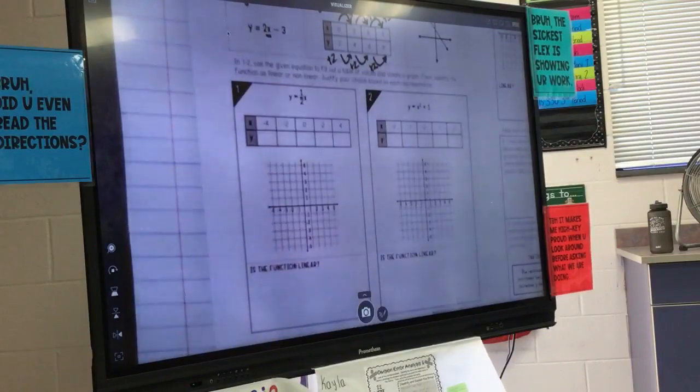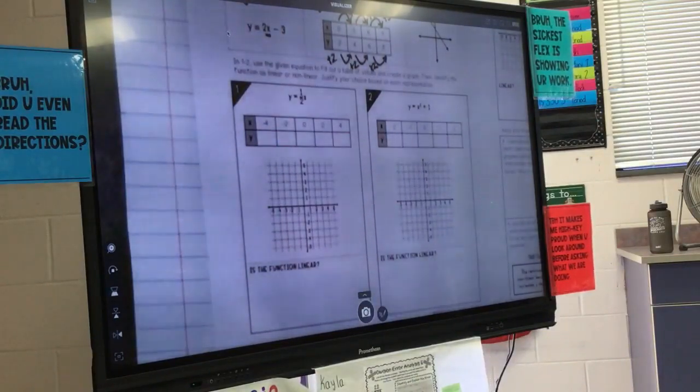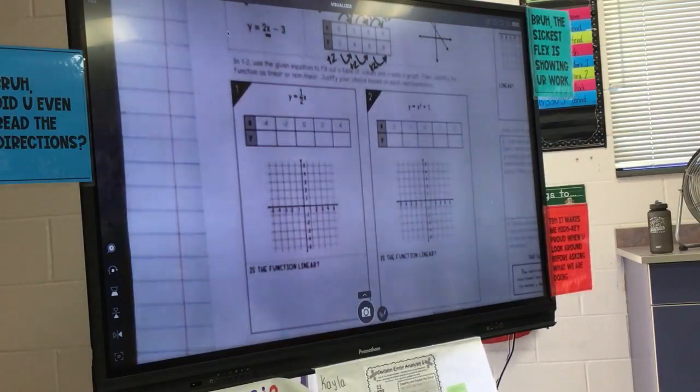So just looking at our x numbers, what do you notice about -4, -2, 0, 2, and 4? What do you notice about those? They're what?